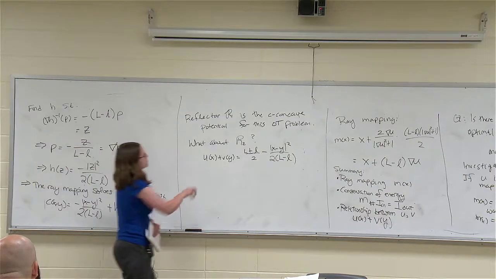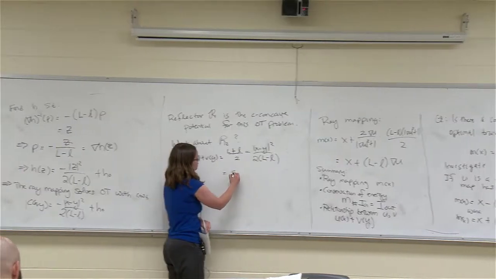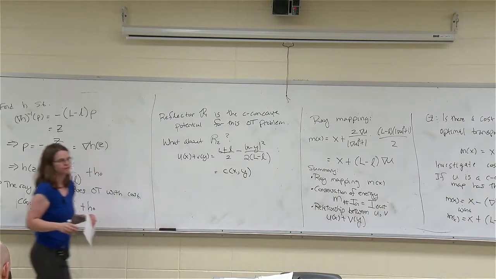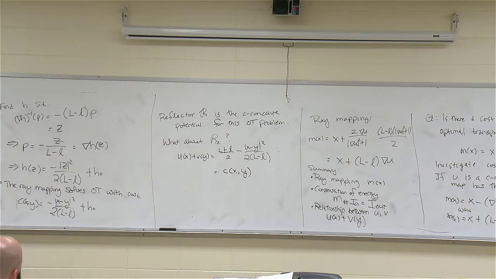So what I really have is u of x plus v of y is equal to my cost function. Do you remember where else we've seen that? U plus v equal to the cost function?